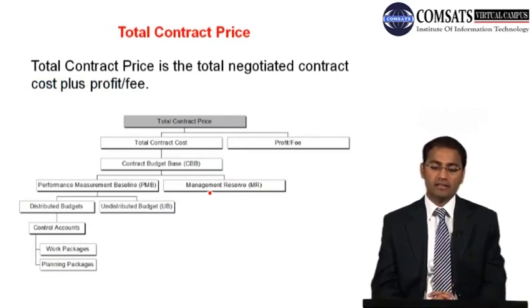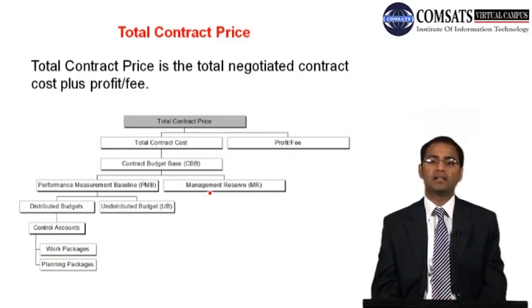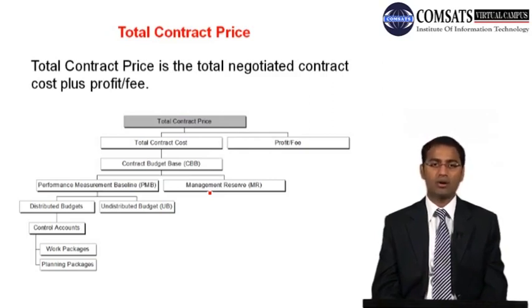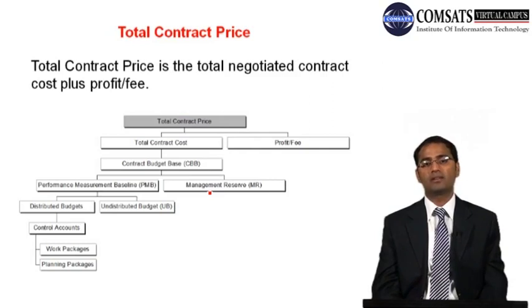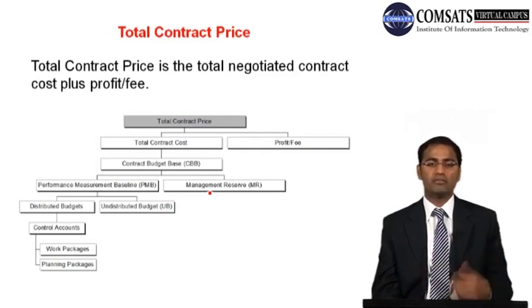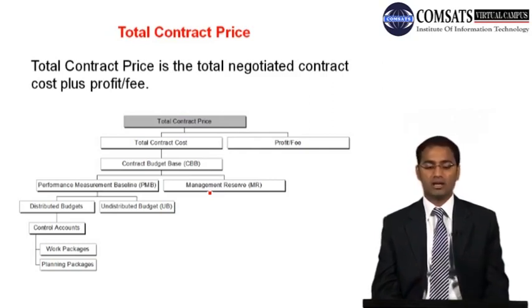So the first thing is total contract price, and total contract price is the total negotiated contract cost plus profit. So if you are selling this chair, and the cost of the chair is 100 rupees, and you are actually getting a profit of 20 rupees on that cost, so the price of that chair will be 120 rupees.